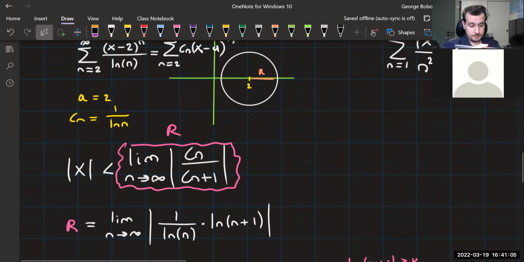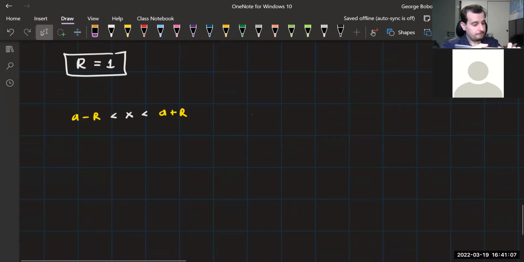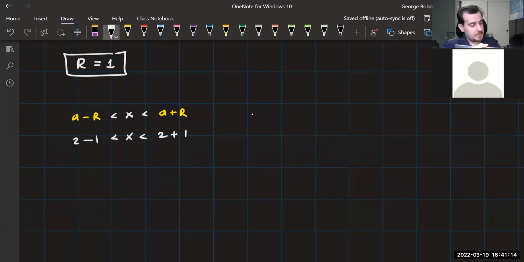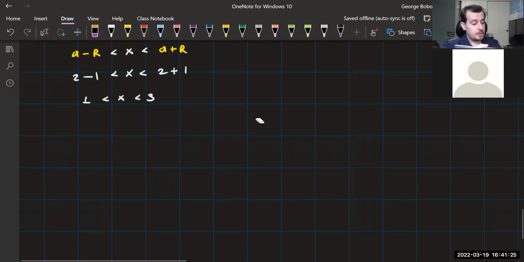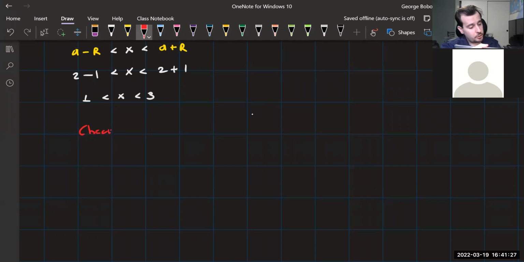It will be 1 smaller than x smaller than 3. That's exactly what's going on. But again, what did I tell you? We have to check the endpoints right now to see if we still converge there. That's what's going on in the next bit.